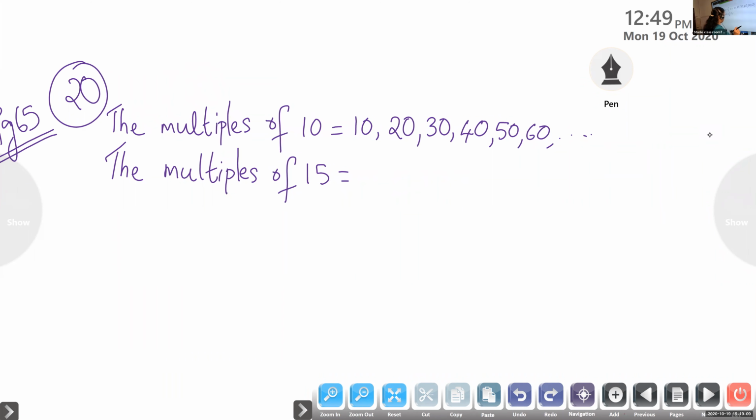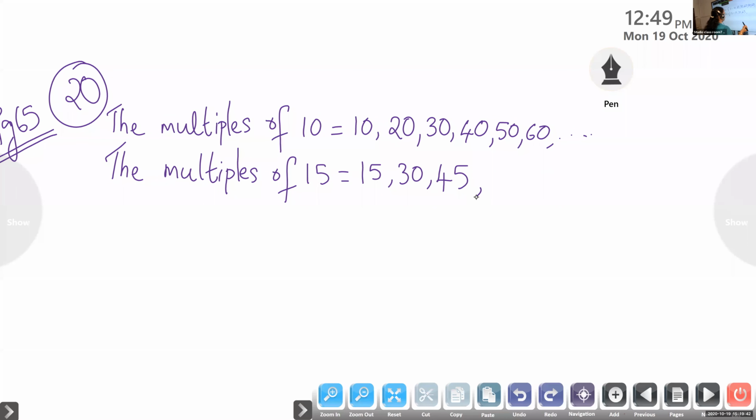Dia? Please unmute Dia. Dia has some connection problem. Harsha, please unmute and speak. Can you tell me the multiples of 15? 15 into 1 is 15. 15 into 2 is 30. 15 into 3 is 30 plus 15, 45.